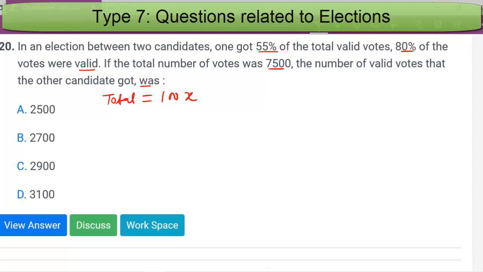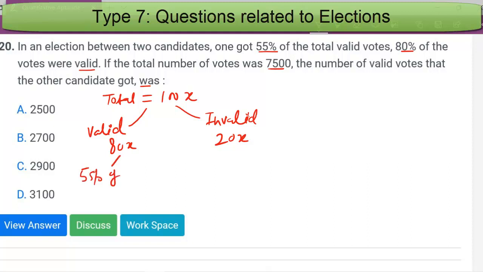Now it is known that 80% of the votes were valid. So out of this 100x, valid votes are 80x and invalid votes are 20x, right? One candidate got 55% of the total valid votes, so 55% of 80x he got.